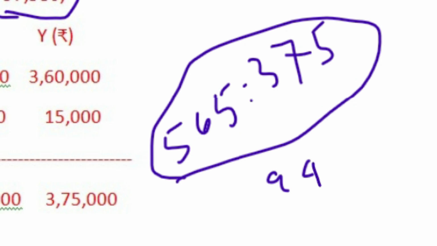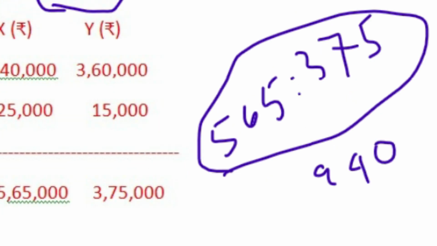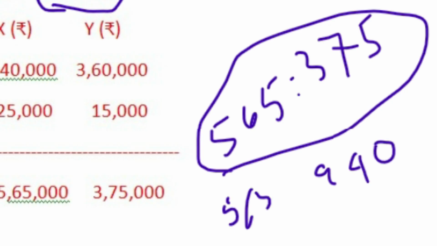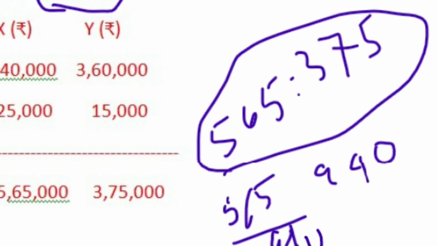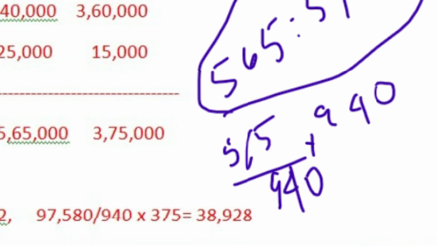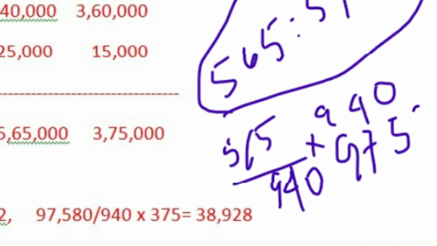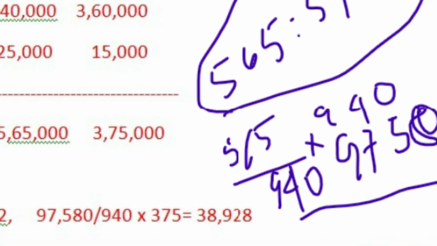So X will get 565 divided by 940 of 97,580. You understood?